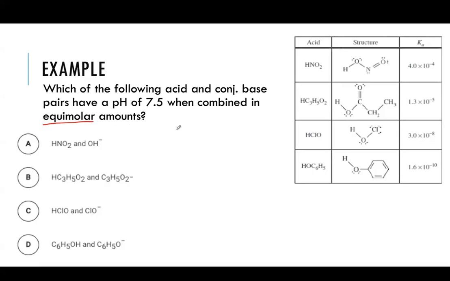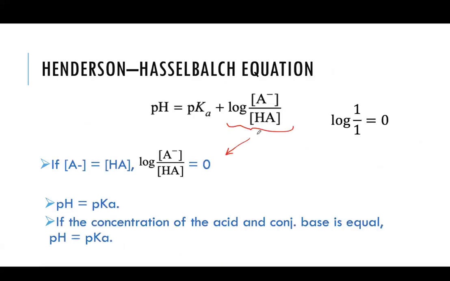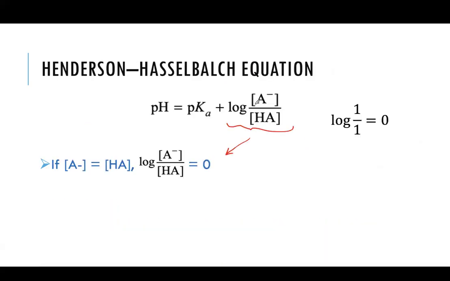So how do I solve this problem? If I see acid and conjugate base, I'm going to relate that to the Henderson-Hasselbalch equation. And according to the Henderson-Hasselbalch equation, if my conjugate base and acid concentration are equal, this whole log term goes to 0. pH is equal to pKa.